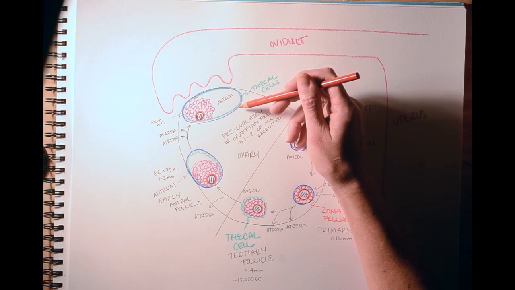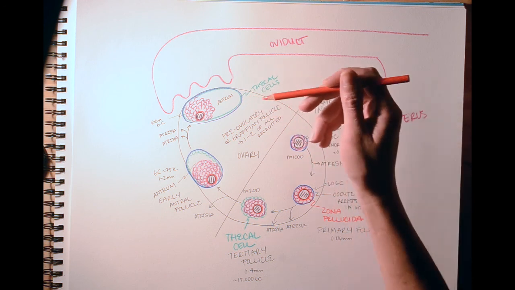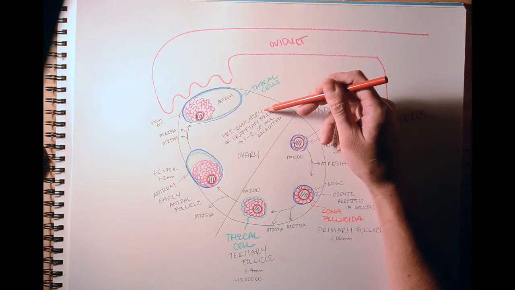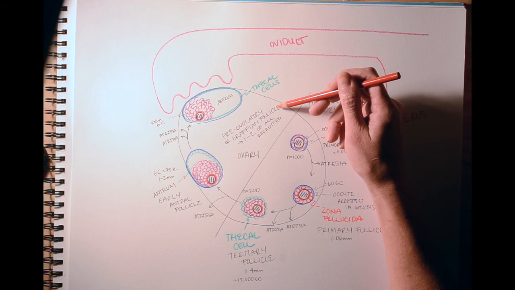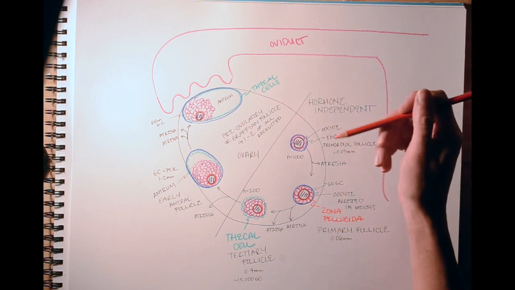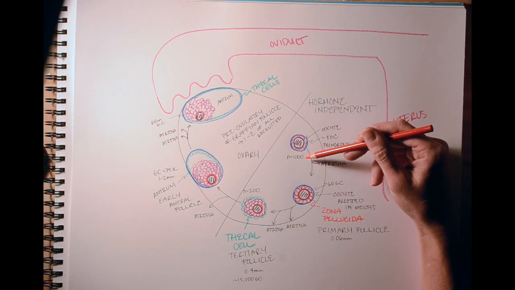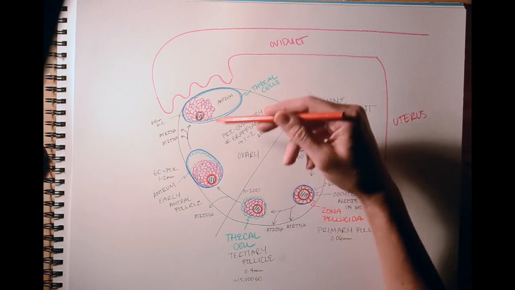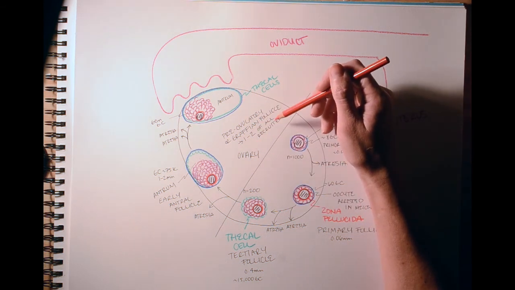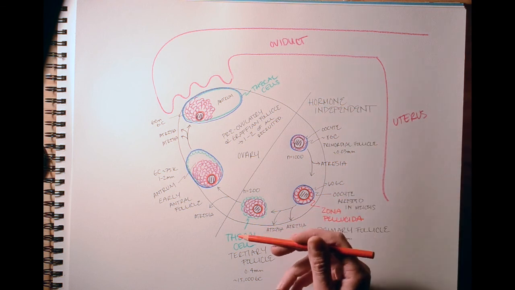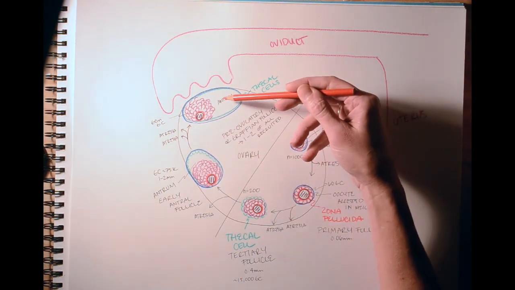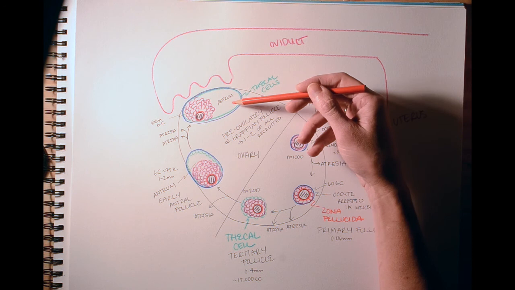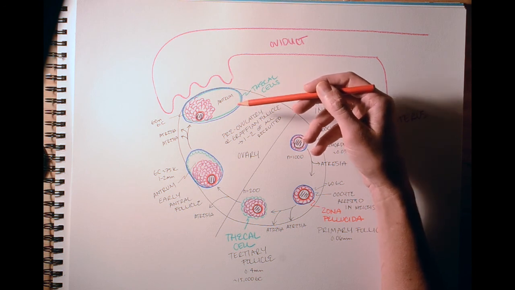This very large follicle, we refer to as a pre-ovulatory or Graafian follicle. We've essentially gone from our start of about 1,000 primordial follicles, and at the end there really is only 1 or 2 Graafian follicles, which are exquisite enough to have made it through this hormone-independent phase and through this hormone-dependent phase to get to this final, pre-ovulatory stage.